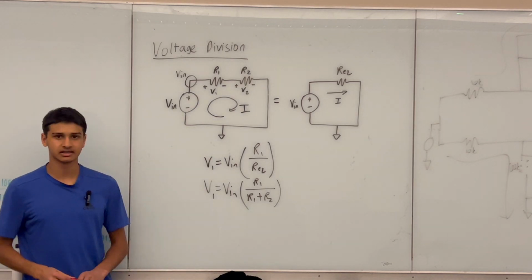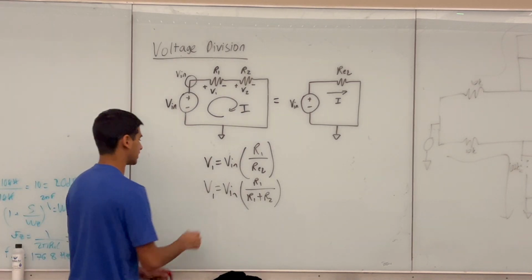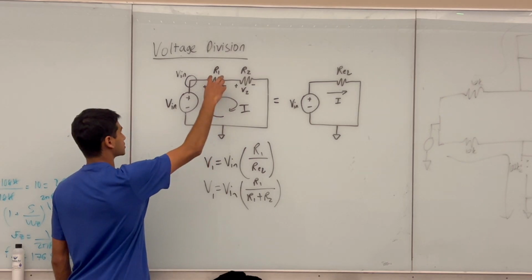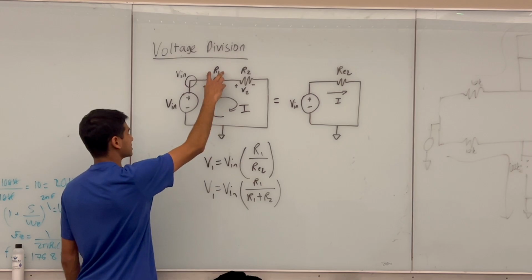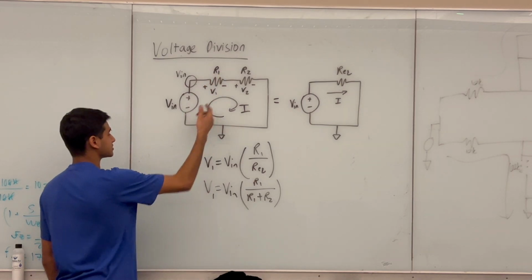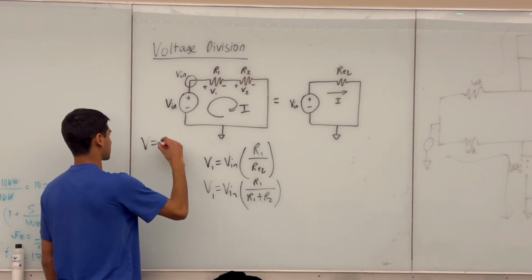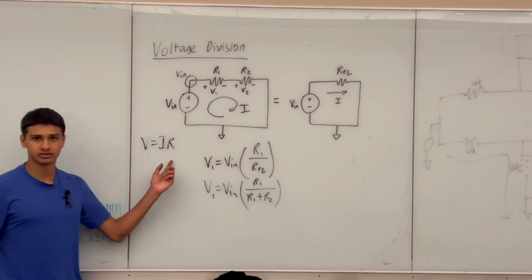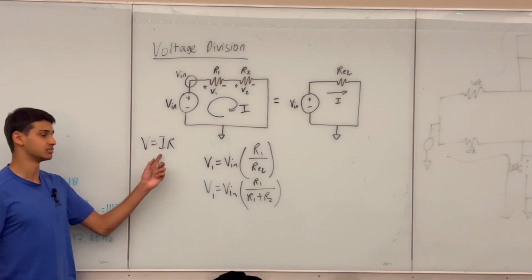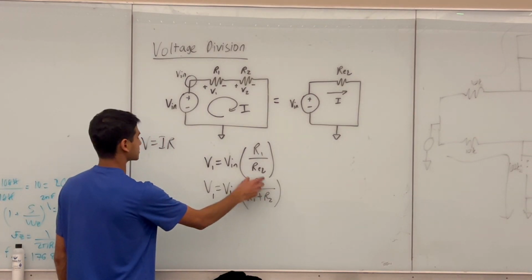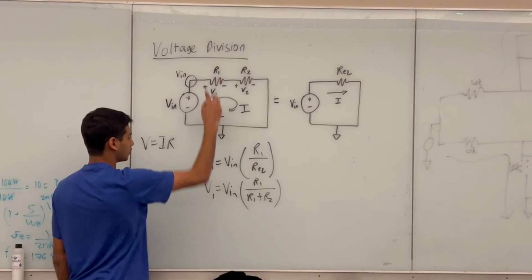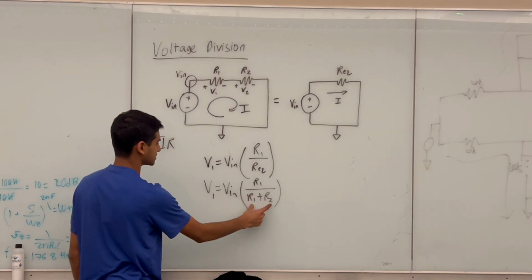So the way I like to think about it is, if I wanted to find V1, what percentage of the total resistance is this resistor taking up? Because per Ohm's law, V equals IR, the larger the resistance, the larger the voltage drop, if you're keeping current constant. So in this case, I like to think about it as, so I have my resistor here, what percentage of the total resistance is that?